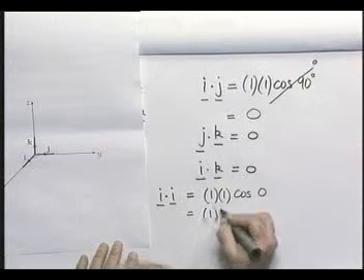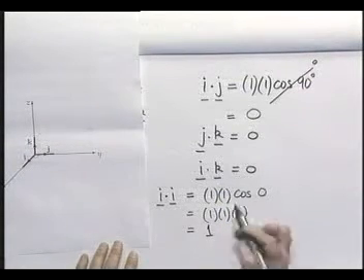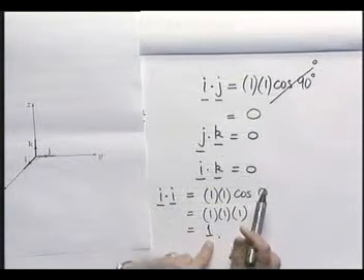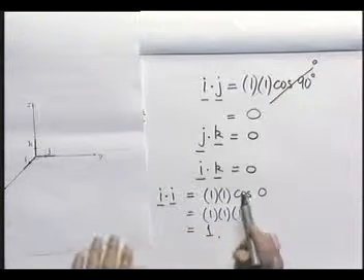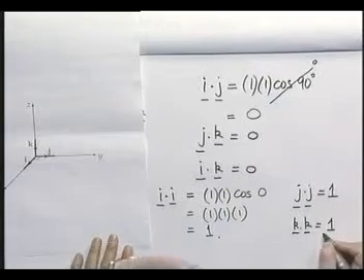So we have 1 times 1 times 1, which is just 1. So if we're dotting the vector i with itself, we get 1. A similar argument will tell us that if we dot the vector j with itself, we also get 1, and if we dot the vector k with itself, we get 1.